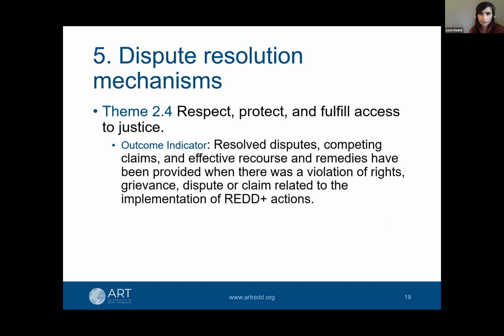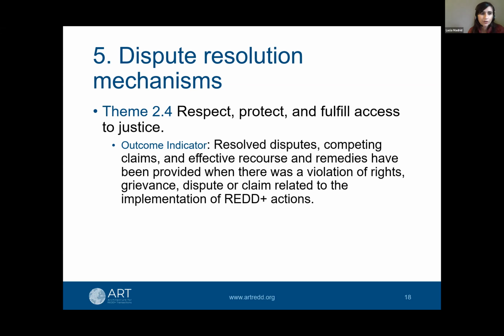Finally, in the topics that we have selected for you today, we have a theme regarding access to justice. This is a TRIS safeguard that requires dispute resolution mechanisms at all relevant levels and in a manner that is non-discriminatory and non-cost prohibitive. In other words, it is a grievance mechanism, but at all levels, where it is appropriate to actually address the issues, rather than simply a requirement for one national level grievance mechanism.